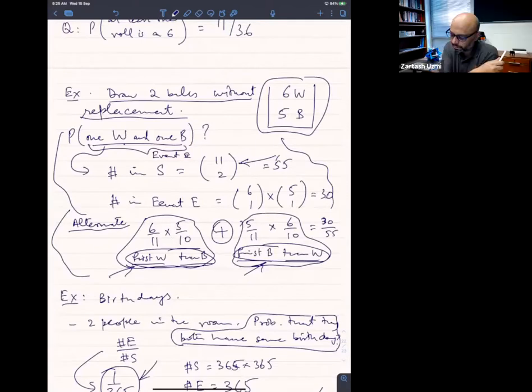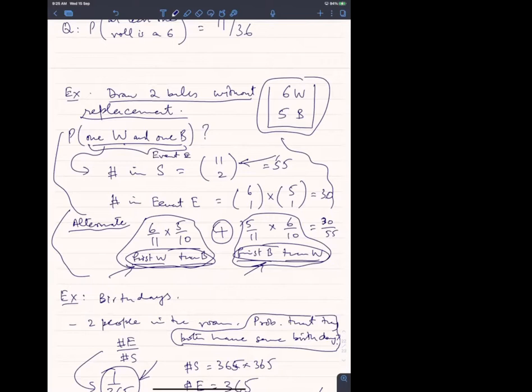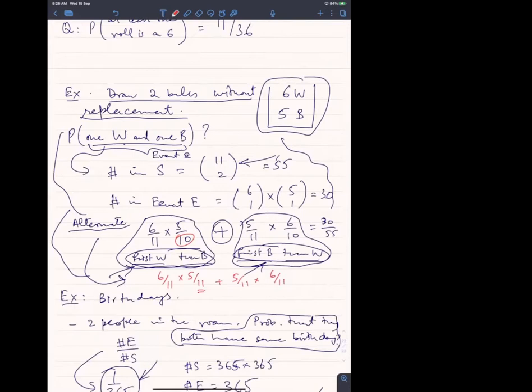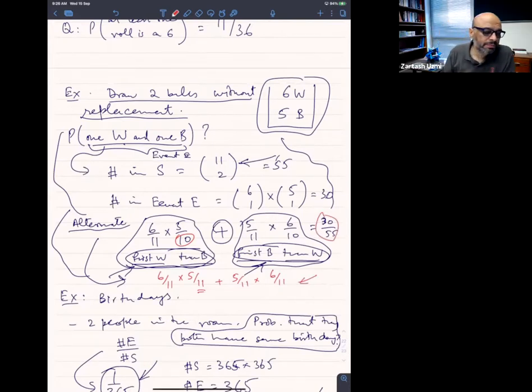What are the implications of this on our experiment? The implications are that if we replace the ball, it really brings you back to the same situation, where the probability would be slightly different. So for example, in this alternate way, let me write it in red: if we replace the balls, the chance that you get the first white ball and then a black ball would be 5 out of 11. Why did it become 11, why did I put 11 in place of 10? Because I replaced the ball. Plus 5 out of 11 times 6 out of 11. Okay, so this is a slightly different answer. Okay, thank you sir.